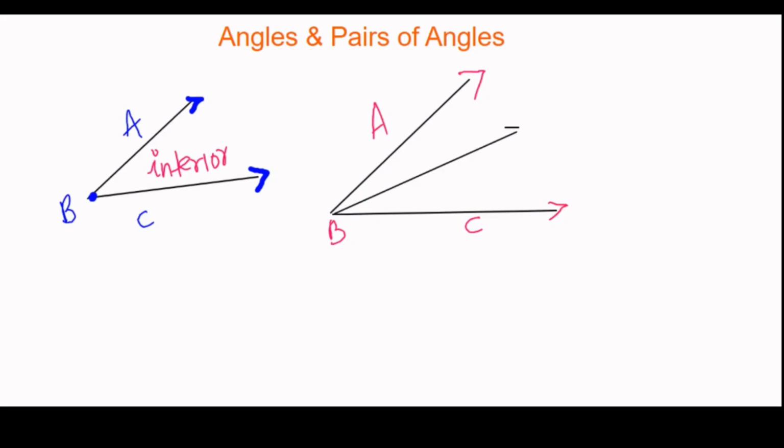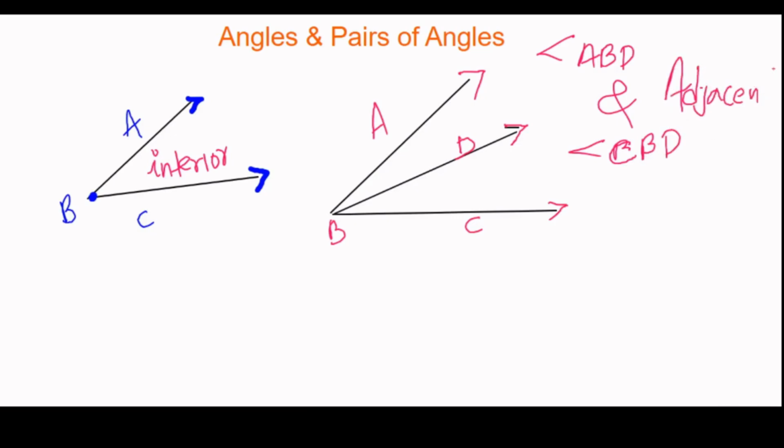That ray which we have just drawn in between, which can be named BD in this case, is shared by these two angles, and thus these two angles become adjacent angles. That means angle ABD and DBC can be named as adjacent angles. So they are a pair of angles having a common arm.